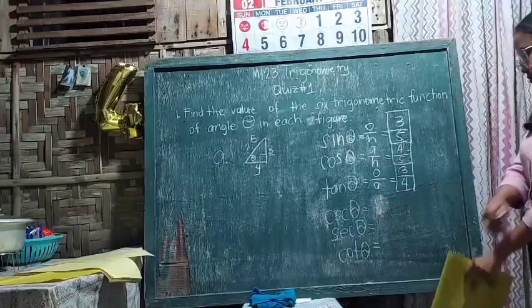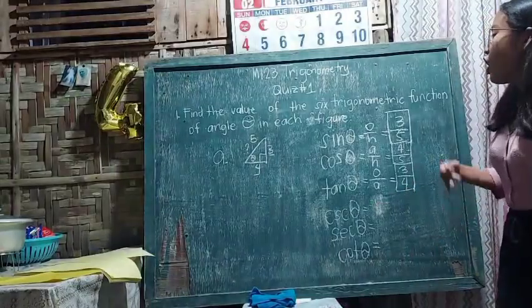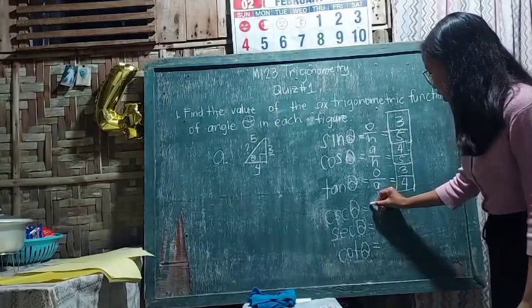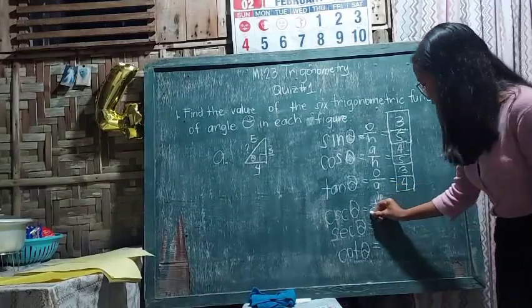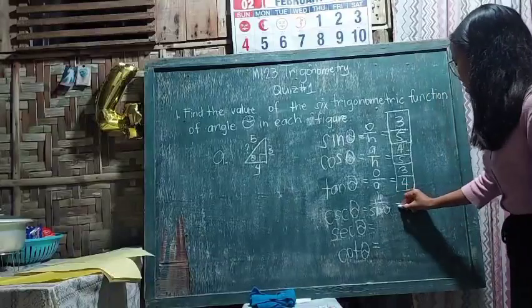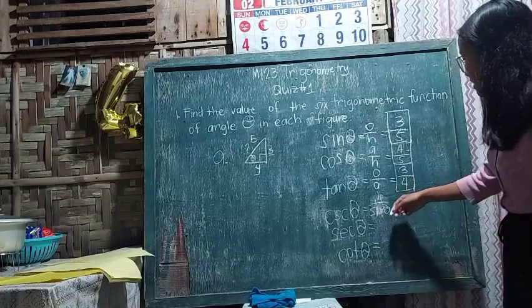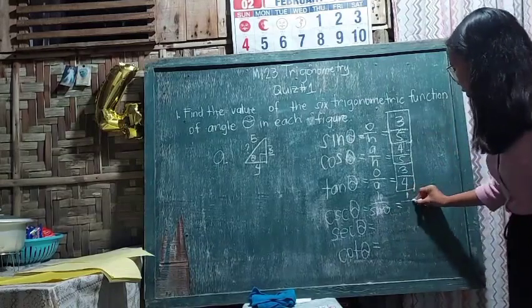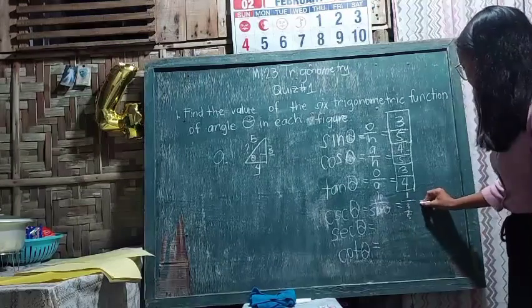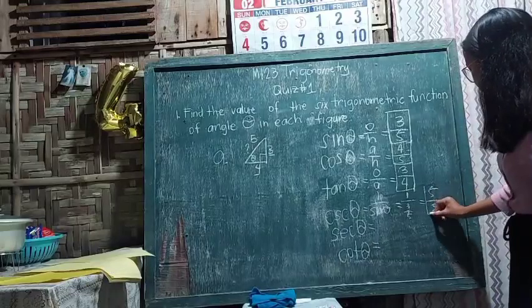It is the reciprocal of the sine. So it is 1 over sine theta. The value of our sine is 3/5. So it is 1 over 3/5, and it will become 5 over 3.